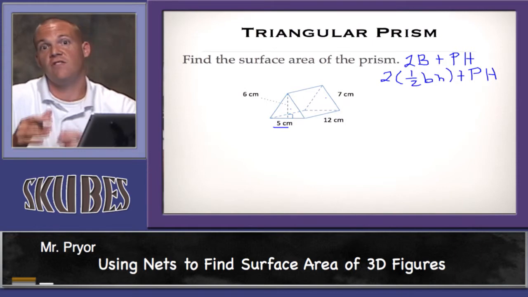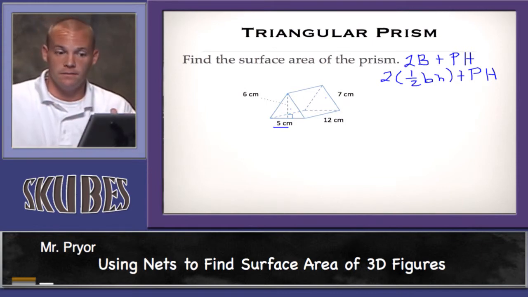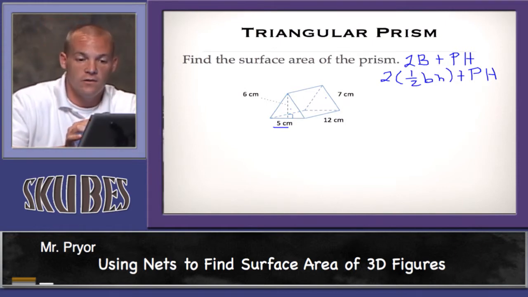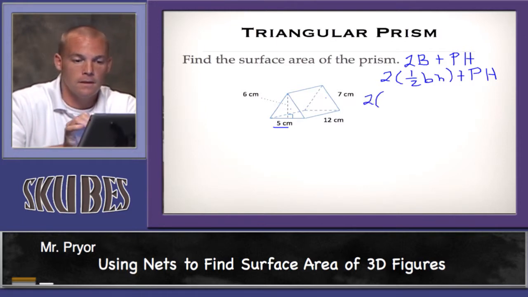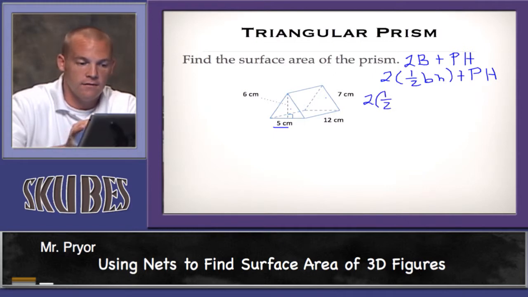The uppercase H is the height of the entire prism, so that's different. So as we start filling in our values here, it's going to be 2 times 1/2, 5, which is our base, times height, which is 6.